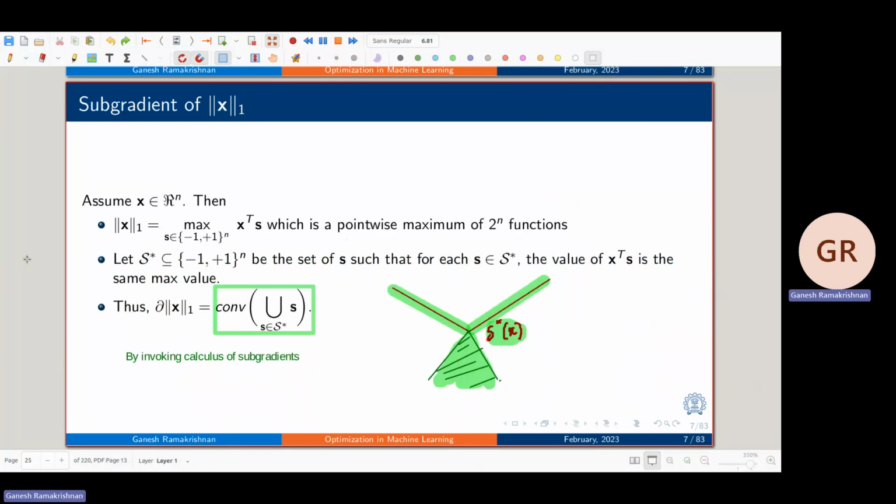Now I want you guys to guess. Just guess. We did the max, right? For linear transformation, what will happen? A transpose X, if I take its subdifferential, of F of A transpose X. Then what will happen to A?